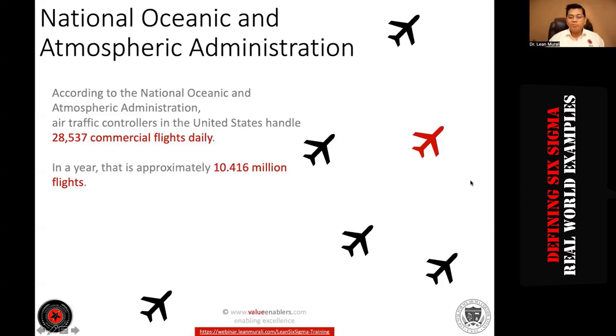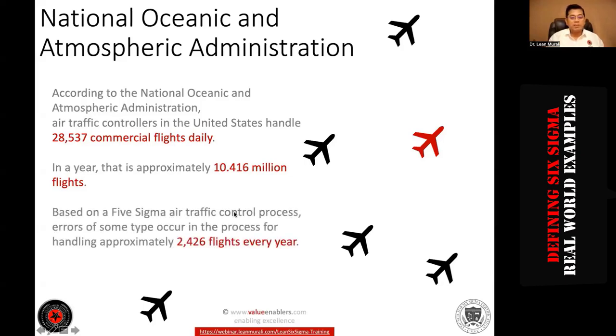Wow. And it means, based on a 5 sigma air traffic control process, suppose they have reduced variation to a 5 sigma level, errors of some type occur in the process for handling approximately 2,426 flights every year.